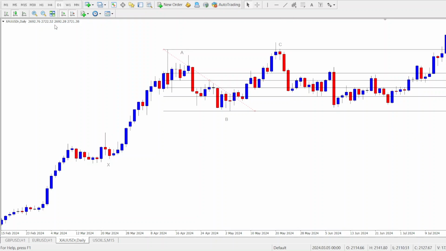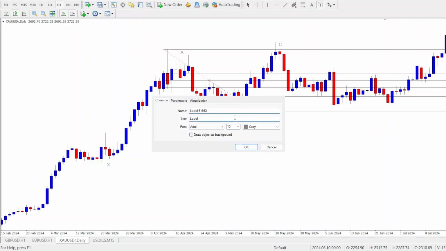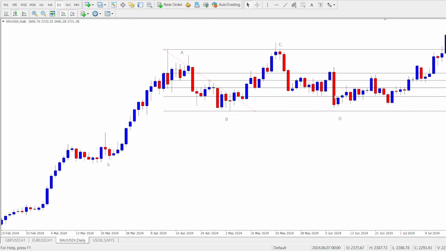point D, which is now going to be the final move, okay? The final move should be an extension of 78.6% of XA. Remember that we have X here, so this forms our XA, right?